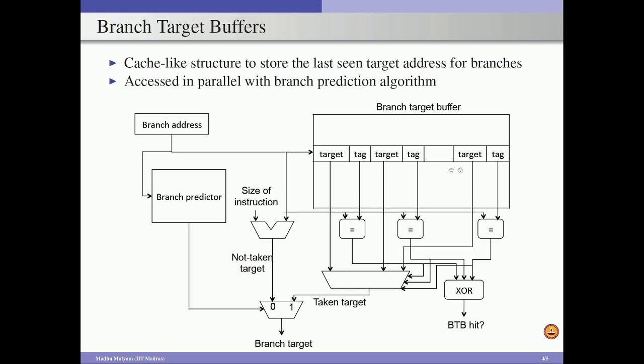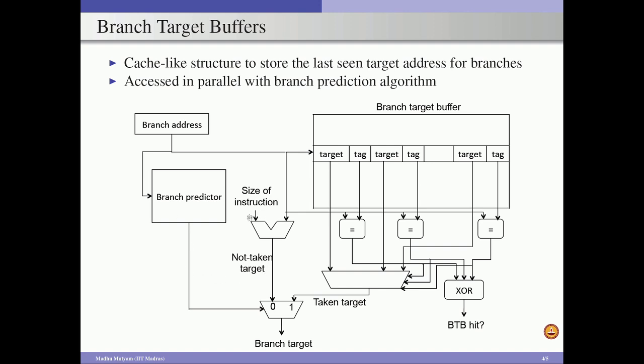By using this branch address, we get a set of tags for a selected set, and after that each of these tags is compared with the tag of this branch address, and once there is a match, we are going to consider the corresponding target address as the target address for the branch, provided the branch prediction logic predicts that this particular branch is going to take place.